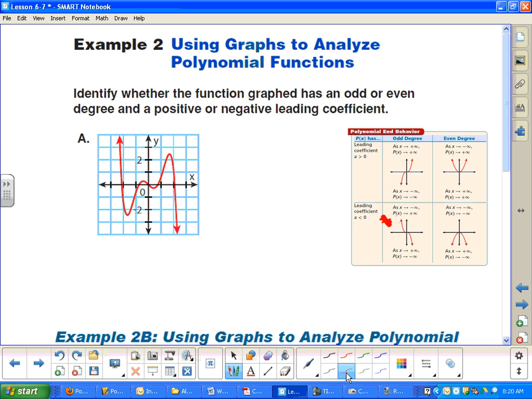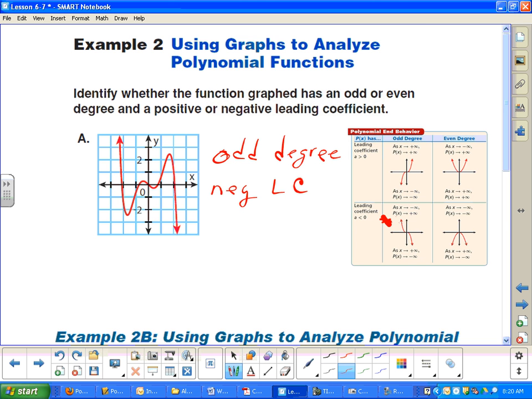So that means that we have an odd degree with a negative leading coefficient. And basically, you want to look at where does it start?